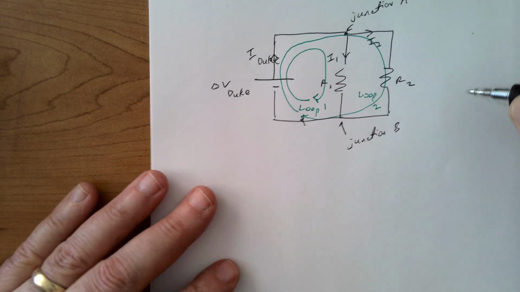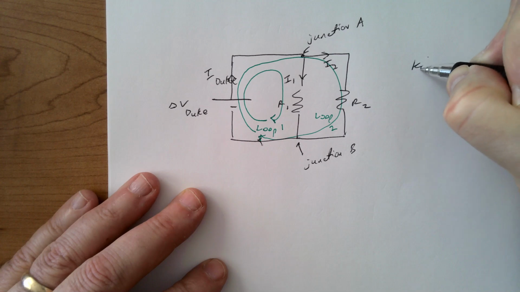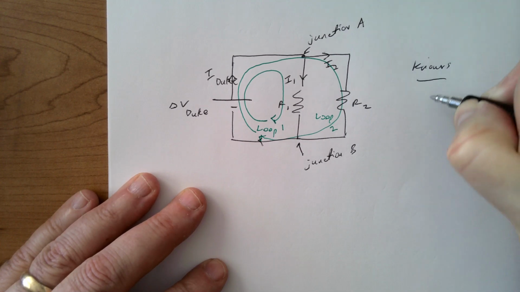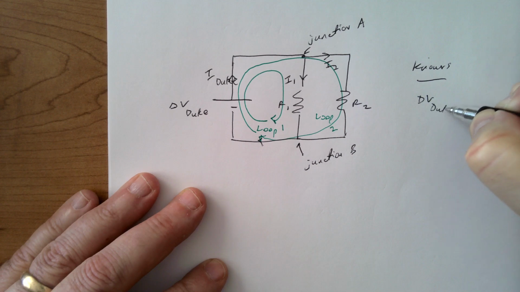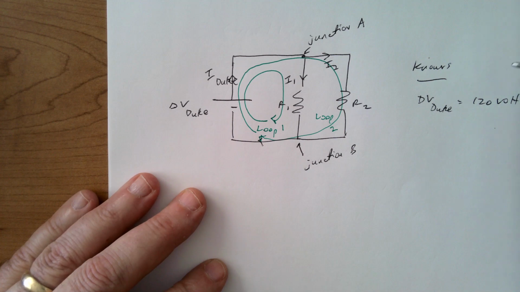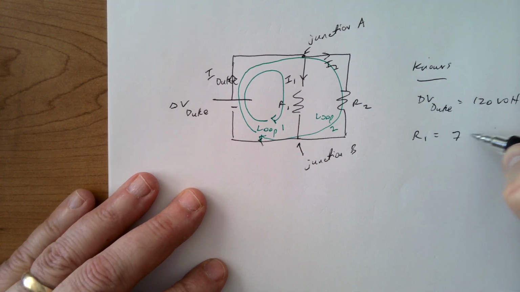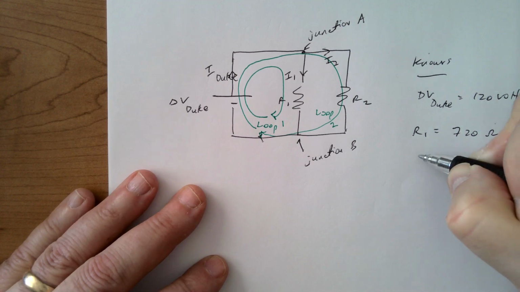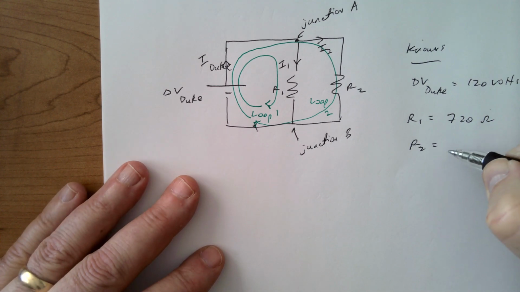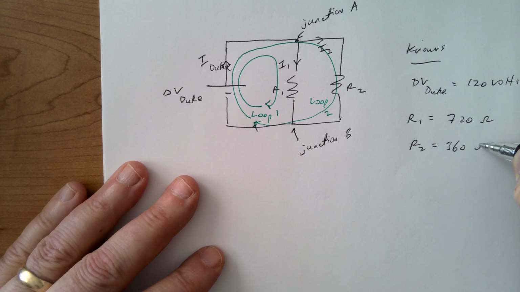In this particular problem, the knowns are going to be delta V Duke, 120 volts, R1 is going to be 720 ohms, and R2 is going to be 360 ohms.